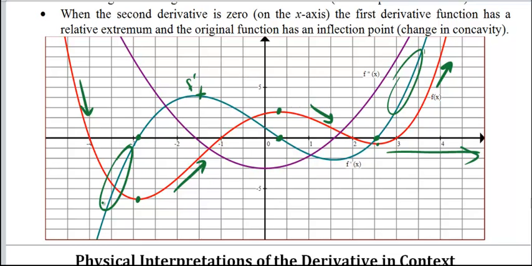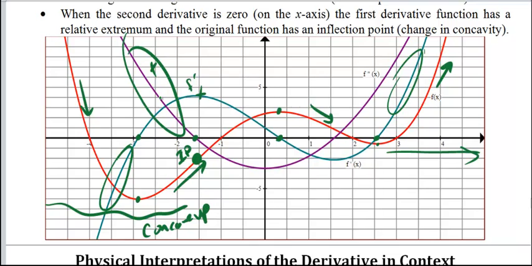Now let's look at the second derivative. The second derivative is 0 right here. That means right there on the original function we have an inflection point. And so over here, this is concave up, where the second derivative is positive.